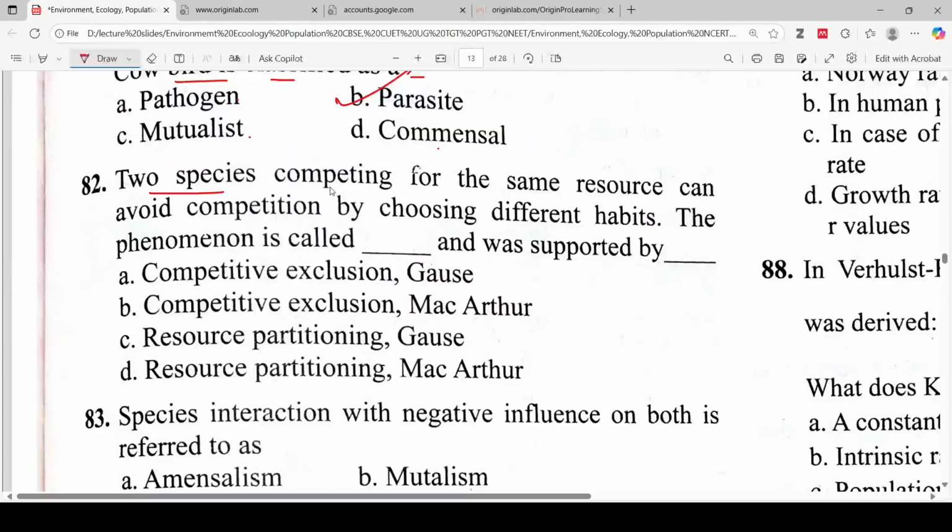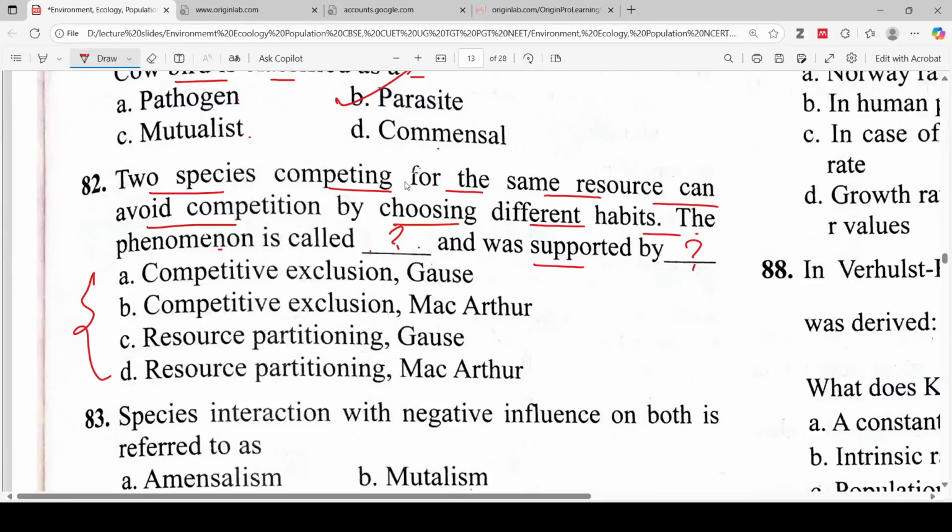Two species competing for the same resource can avoid competition by choosing different habitats. The phenomenon is called dash and was supported by dash. So you have to choose the correct answer from these four options.